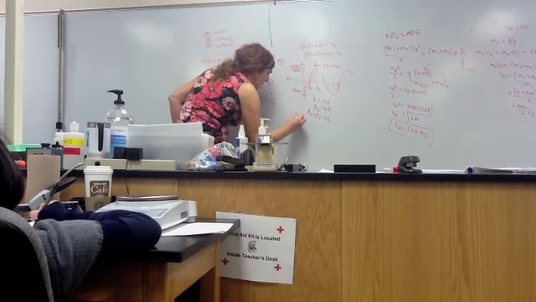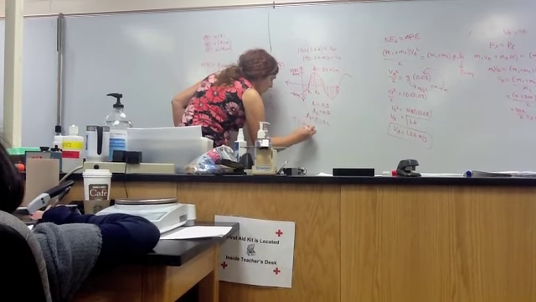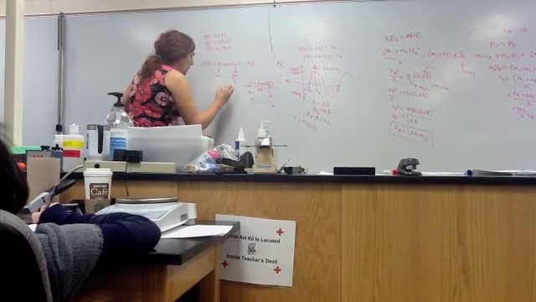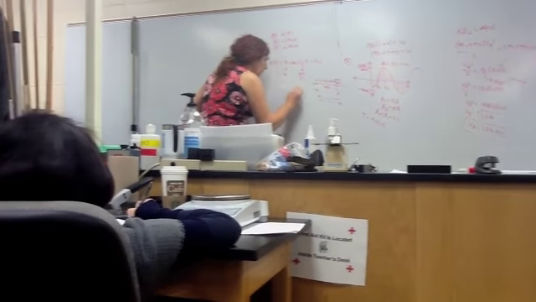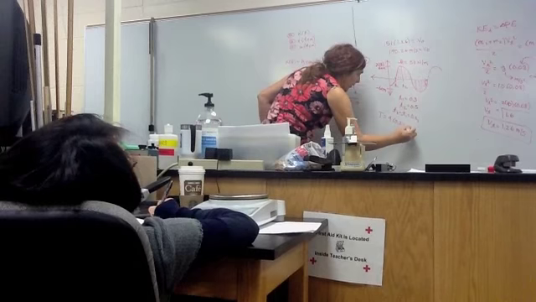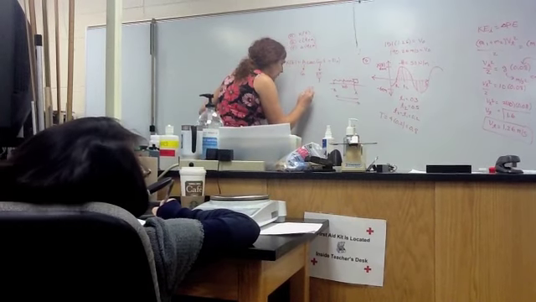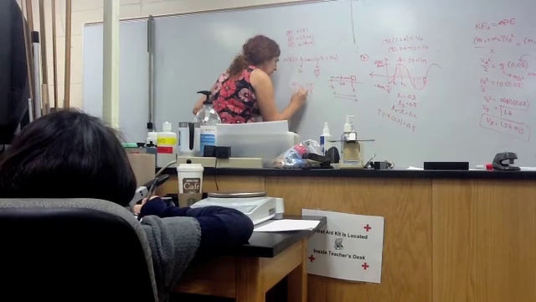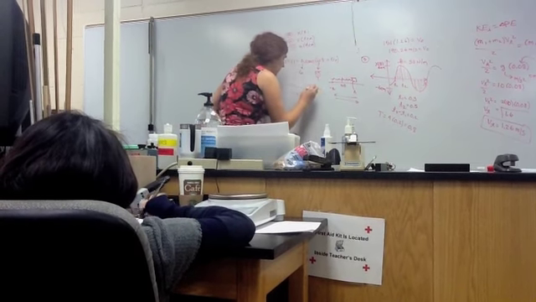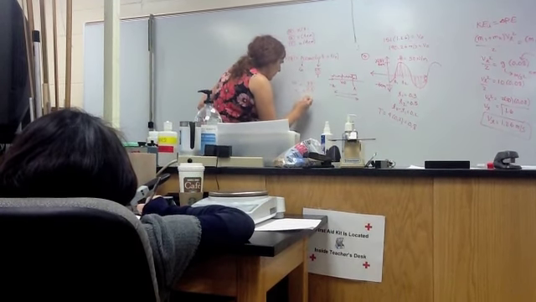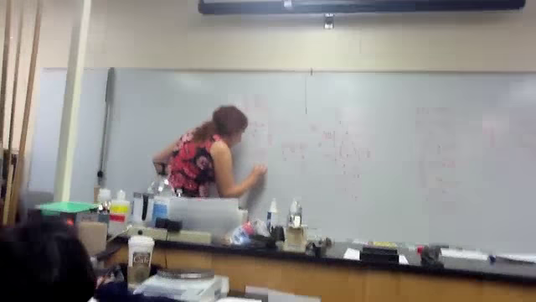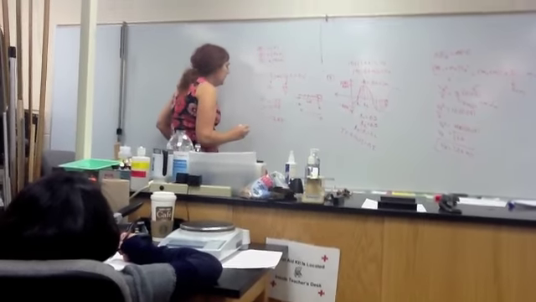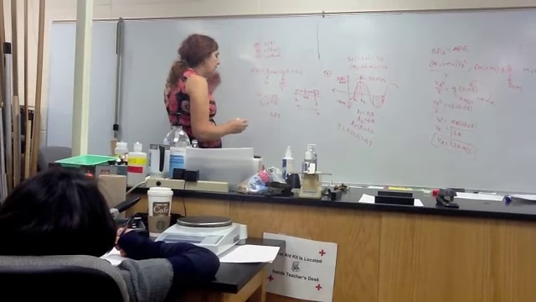So T would be 4 times 0.2, which is 0.8. So we have 2 pi over 0.8, and that's going to be 2.5 pi. So we have everything we need except for the phase angle.